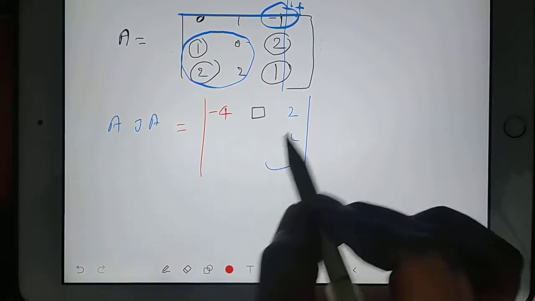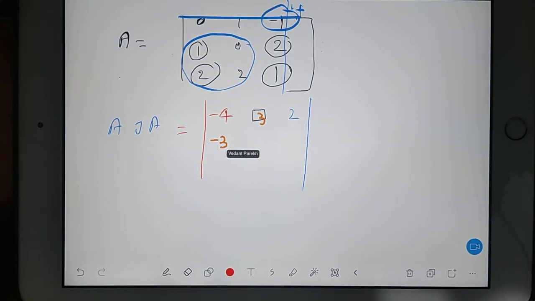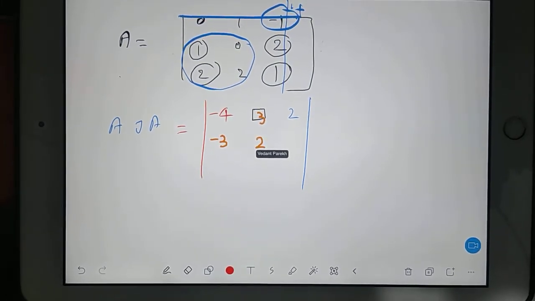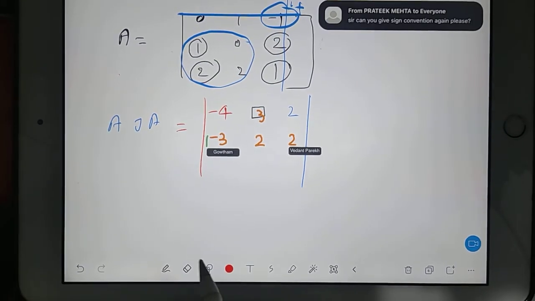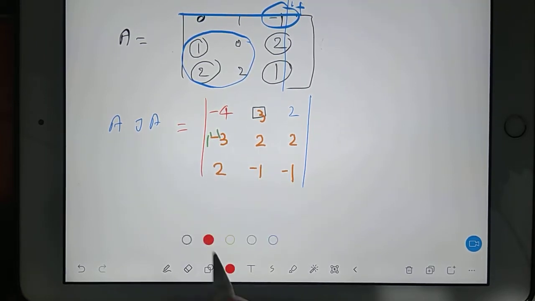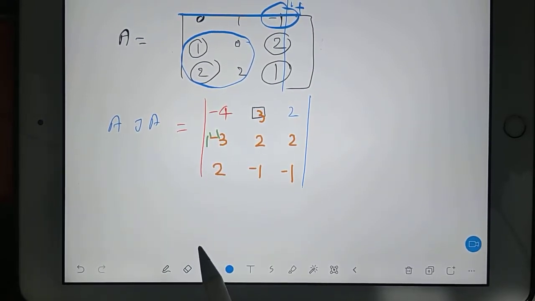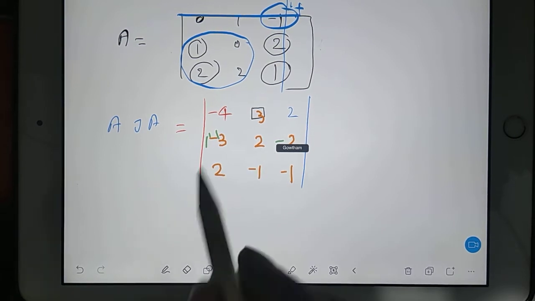Do it fast, everyone. Vedant, are you giving the final answer? Okay, so this is the final. Vedant, what is this? What is 2-1? Oh, this is minus 3.